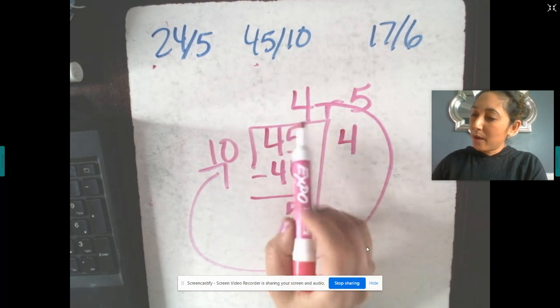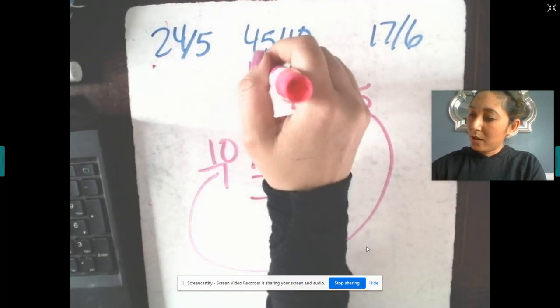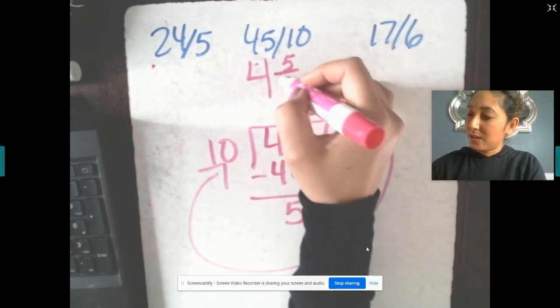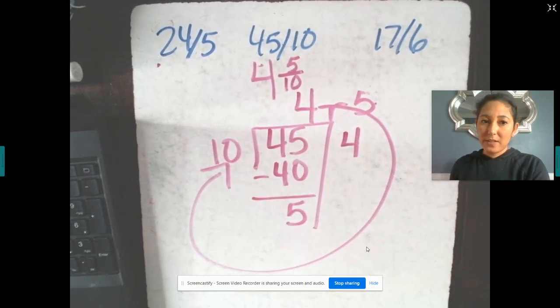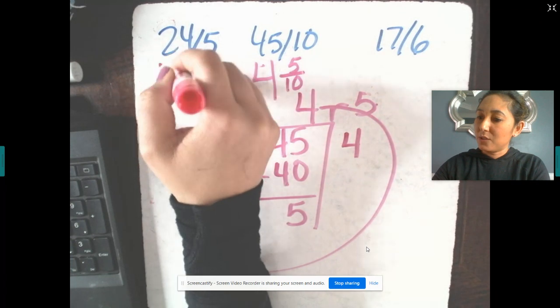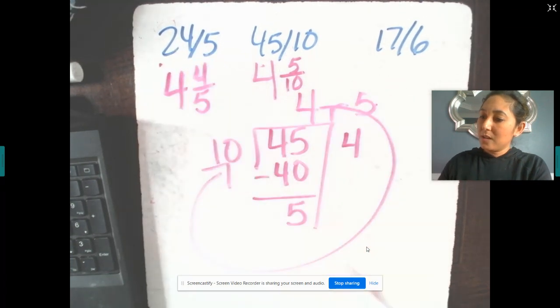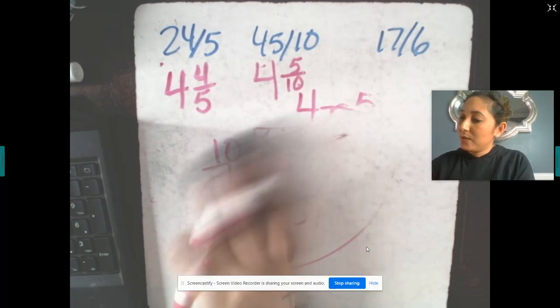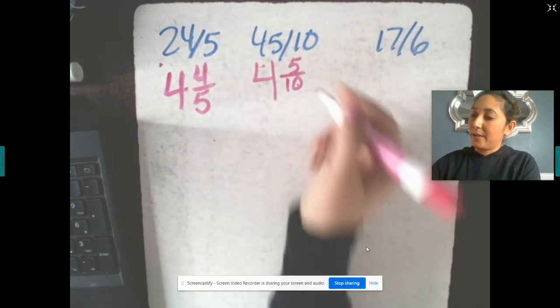So our answer is going to be 4, 5 is our remainder, 10 is our denominator. 4 and 5 tenths. And I probably should leave this answer over here for you guys too. 4 and 5 tenths, which is also 4 and a half.